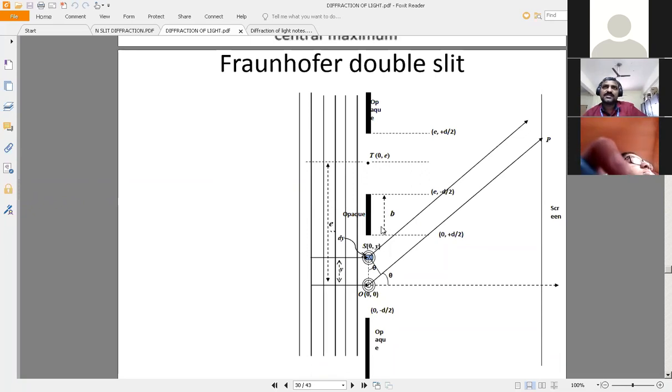They are separated by some wall. This wall is the opaque screen which doesn't allow the light. And I am assuming that the width of the opaque screen is small b. I repeat, the width of the opaque portion is small b. The width of the open portion is small d, and from center to center, the width is actually this e. e, d, and b. These are the three parameters which you should remember.